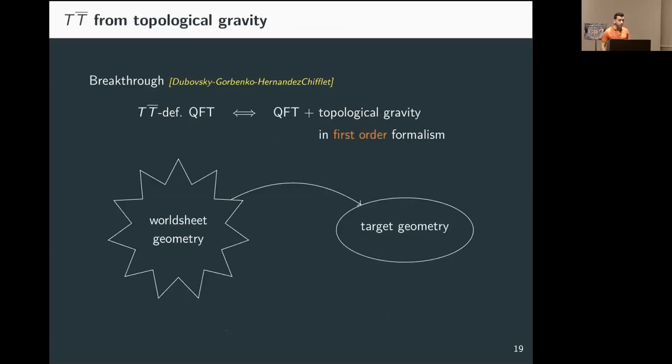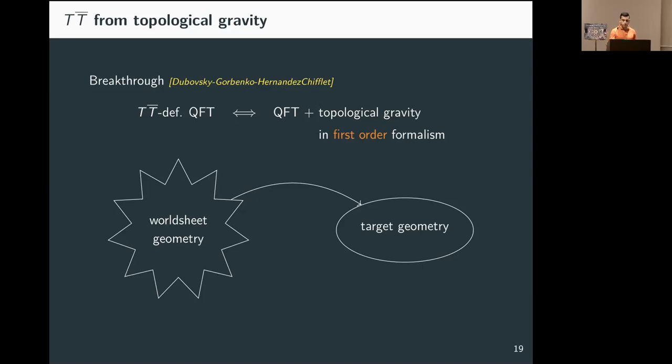The breakthrough insight from this paper is that the TT-bar-deformed QFT should be equivalent to the original undeformed QFT coupled to two-dimensional topological gravity in the first order formalism, by which I mean that we write everything in the Weyl-bein formalism and then integrate over maps from the worldsheet geometry to the target space geometry.